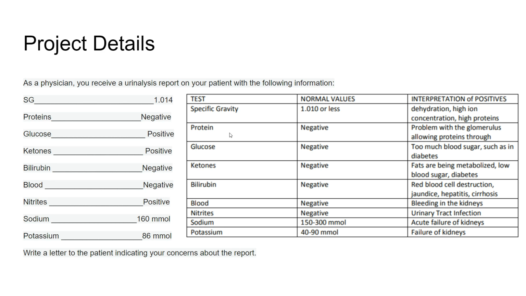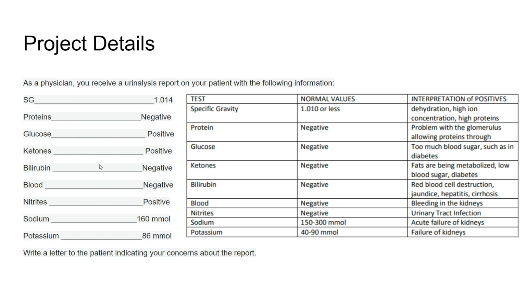Proteins, they got a negative value, so we're good there. However, in glucose and ketones, they got a positive value. So glucose and ketones both got a positive. Because of that, I want you to think about what that could maybe implicate. Is there a commonality between those?